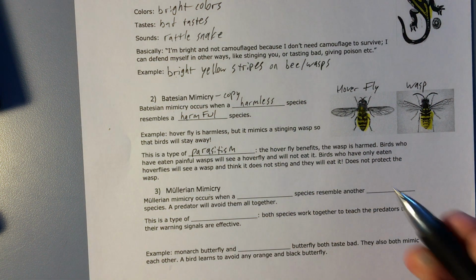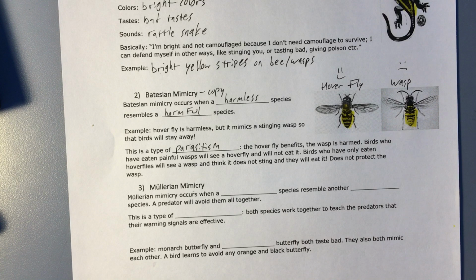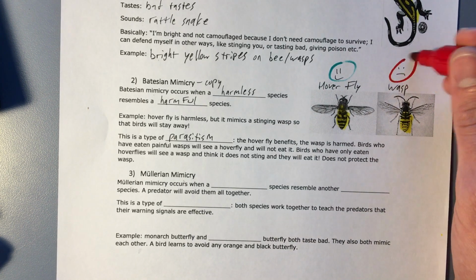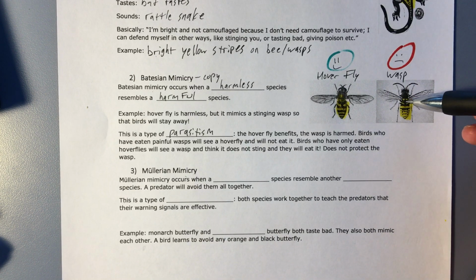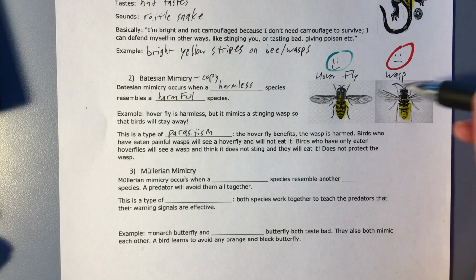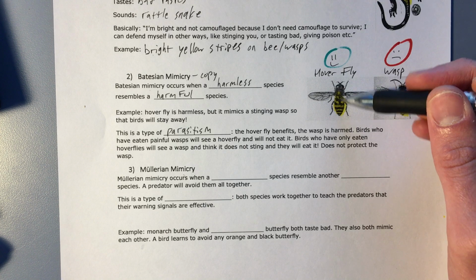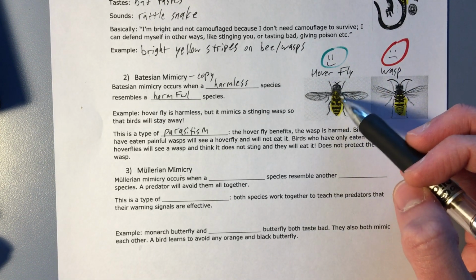You might be wondering why. Well, the hoverfly actually benefits, and the wasp doesn't benefit from this. And here's why. Let's say that a bird tries to eat a wasp and gets stung. Next time it sees a hoverfly, it's going to stay away from anything that has yellow and black stripes. But let's say a bird eats a hoverfly and the hoverfly can't sting.